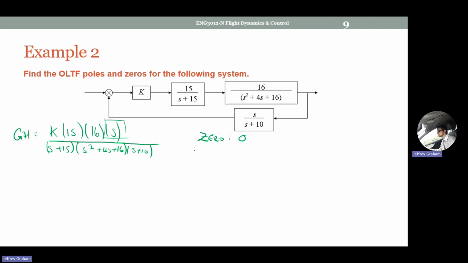The poles, right, the poles, we've got this first one, do the easy two first. So we've got minus 15 and minus 10.